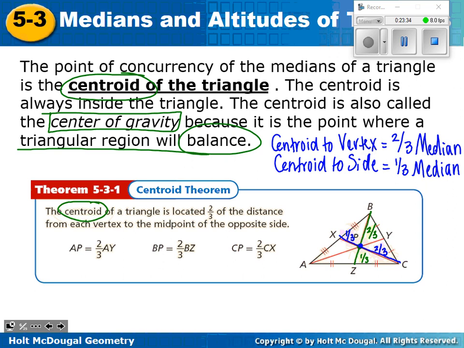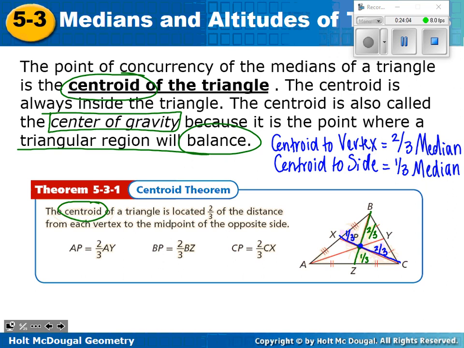Okay, so if this whole piece is 15, we're going to take 15 and we're going to divide it into thirds. What is a third of 15? 5. So if this is A, this is B, and this is C, which piece is going to be 5? BC. From the centroid to the side is going to be 5. What is B up to A going to be then? 10. 2 of the thirds.